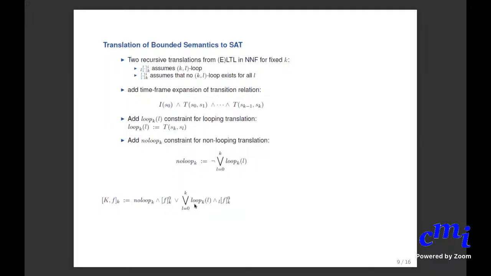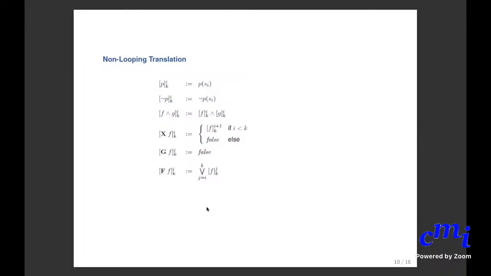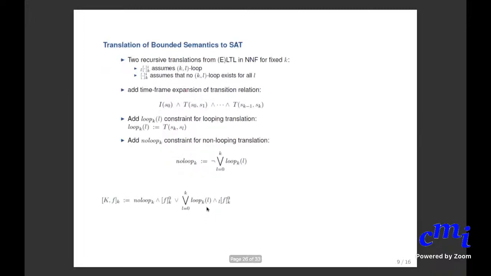We'll see an example. I hope you understand. So this together captures the satisfaction case both for the looping as well as the non-looping case. This is at the top level.